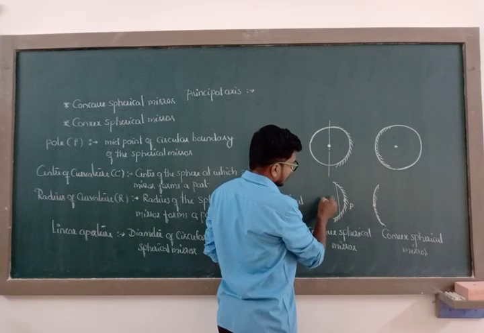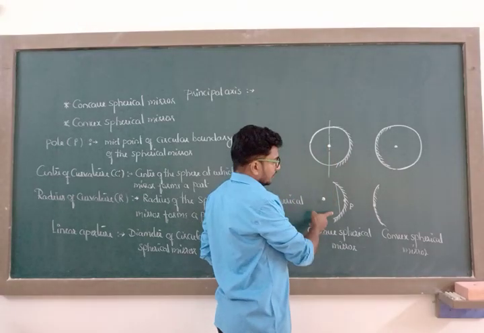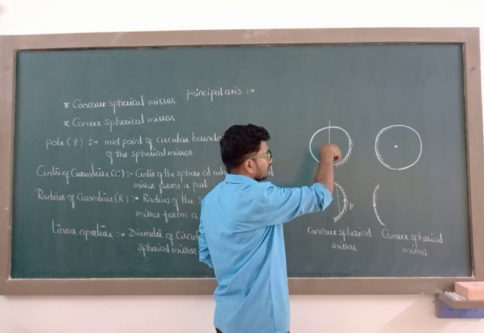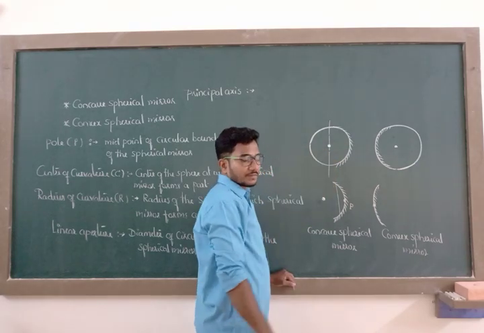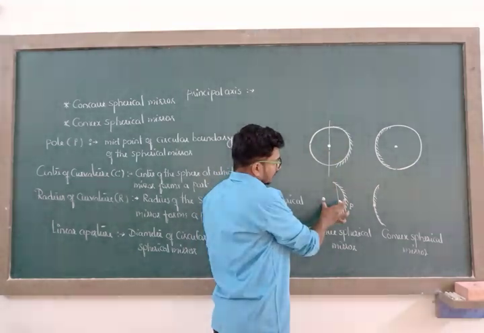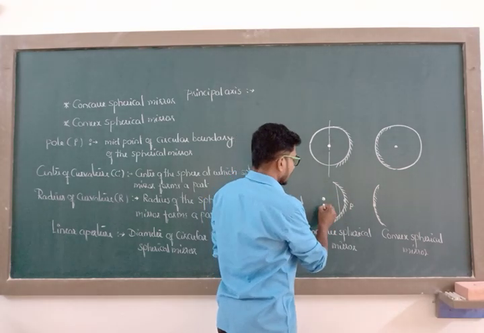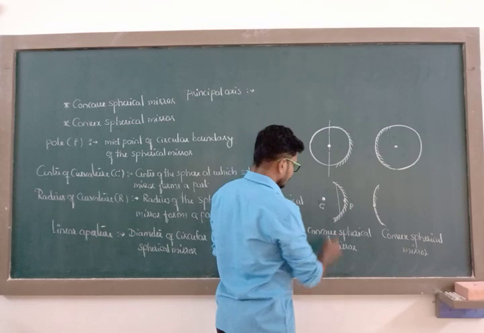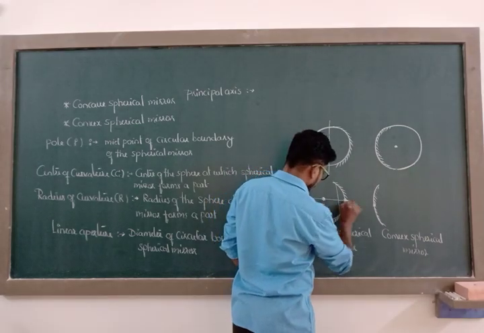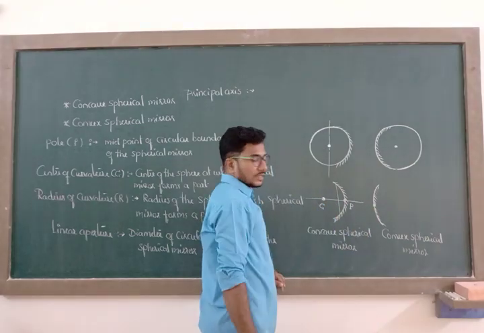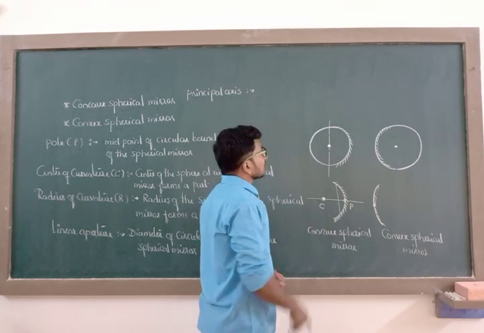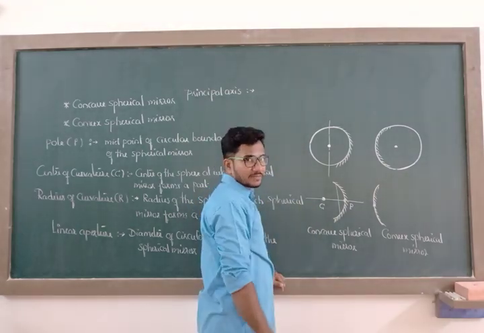Center of curvature is nothing but center of the sphere at which this spherical mirror forms a part of this sphere. The straight line passing through center of curvature and pole, this straight line is known as principal axis.